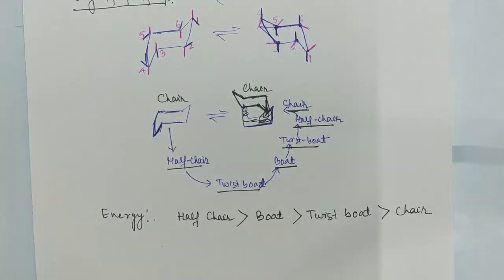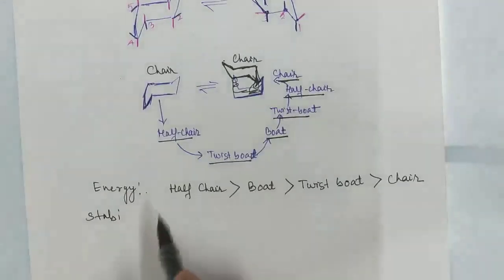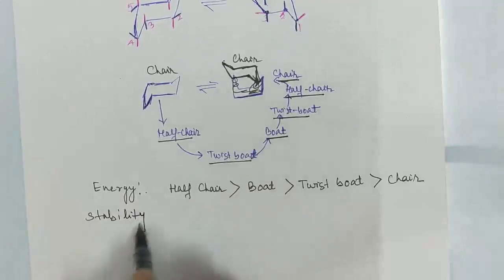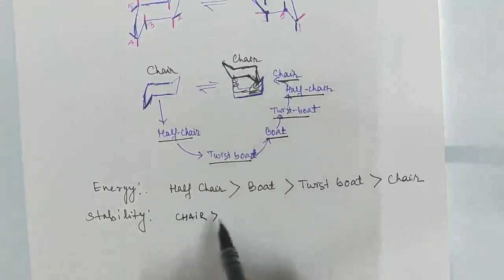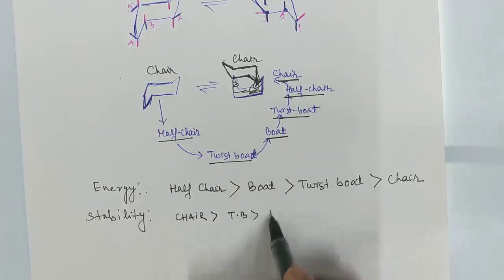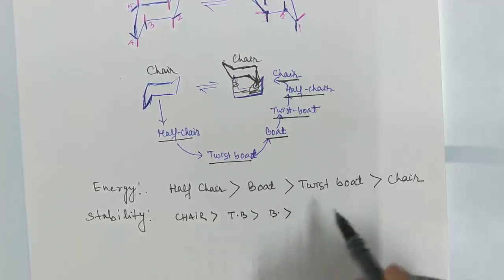Half chair, maximum energy, then boat, and then twist boat. So the stability order is chair, then twist boat, then boat, then half chair.